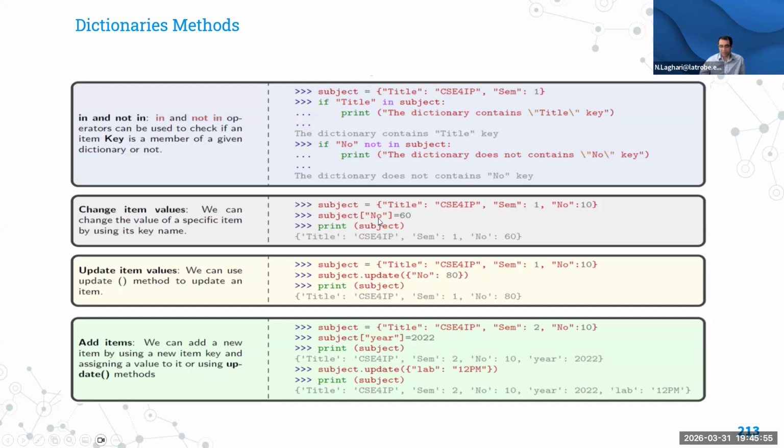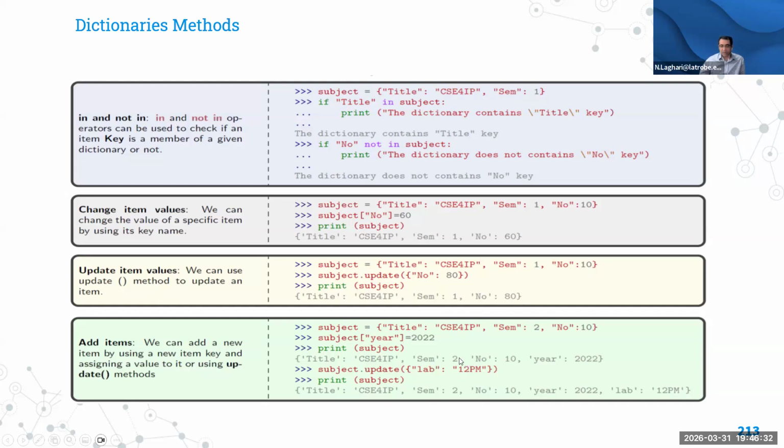We just need to remember that with dictionaries, rather than indices or a specific index, we have keys. And update item value. So here we have subject, and you say you want to update. This is just another method. You want to update this number to 80. So number 80 would be updated in your dictionary.